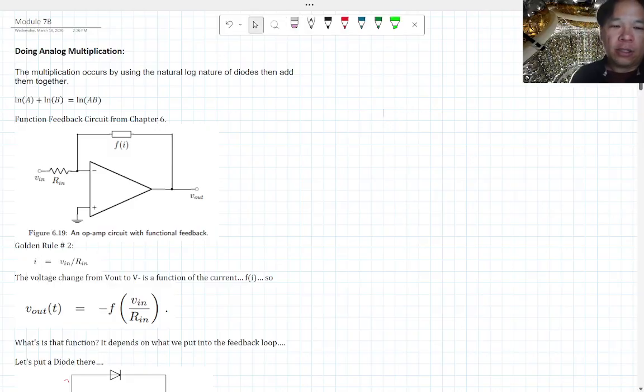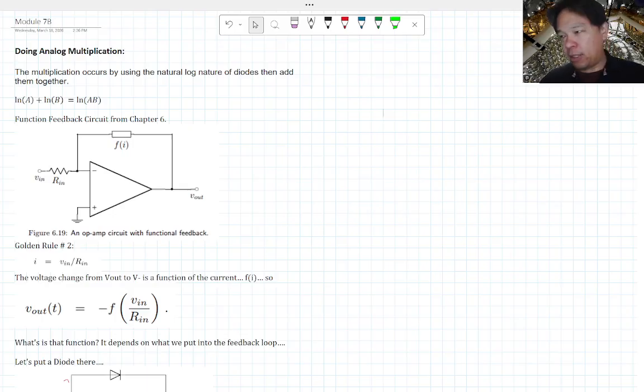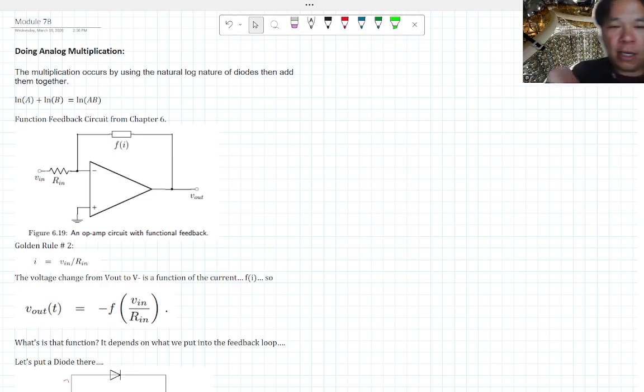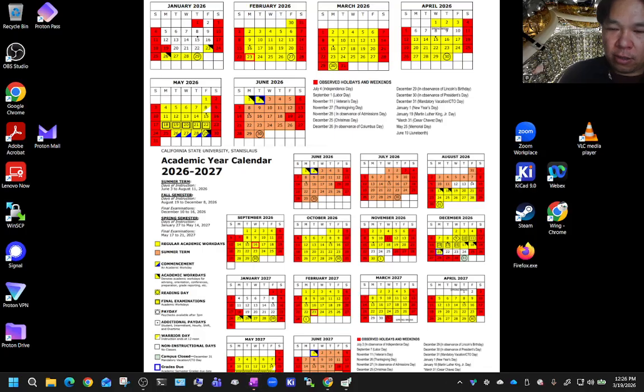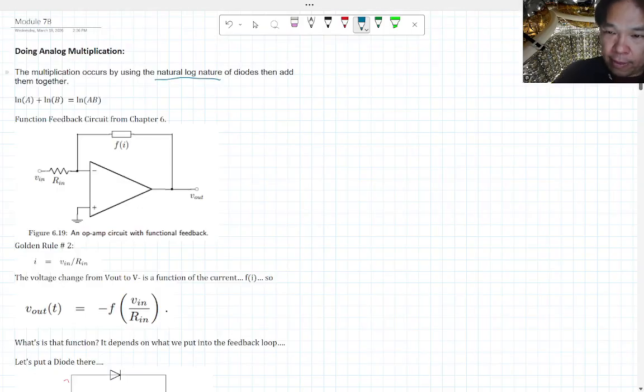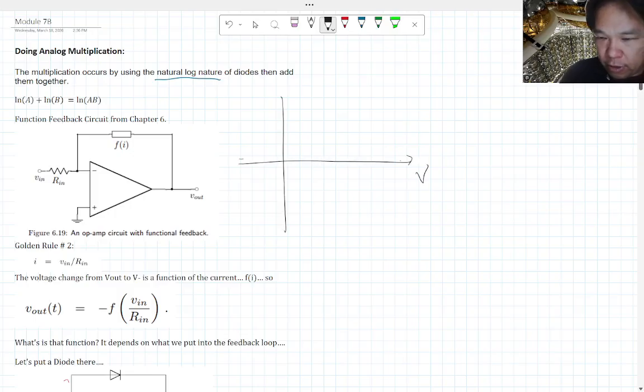Okay. So multiplication in analog electronics is done using diodes. The reason we use diodes is because of how it transitions from the non-conductive to the conductive phase. I should have drawn this: voltage versus current.